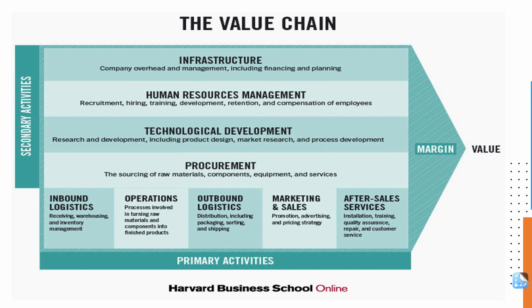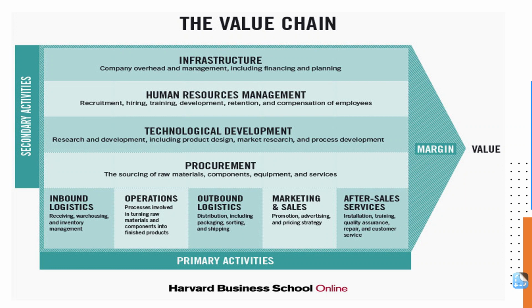Receiving, warehousing and inventory management: when we effectively manage the inventory, we can retain its quality, so that we are able to produce the product in a quality manner. During operations we reduce wastages. It will help to create the most valuable product.